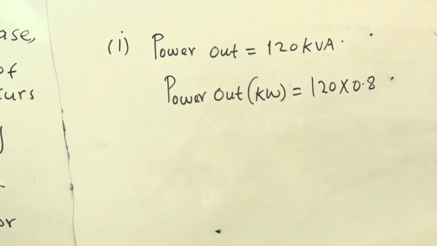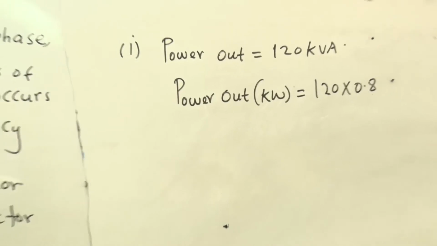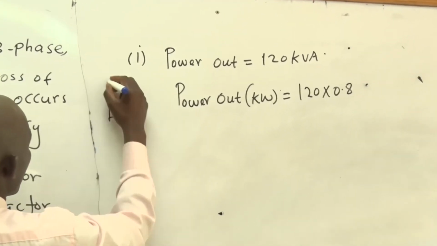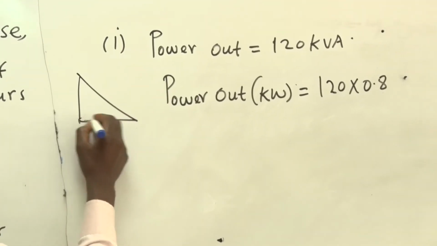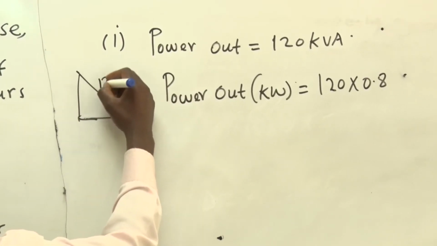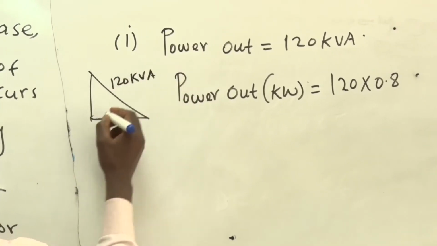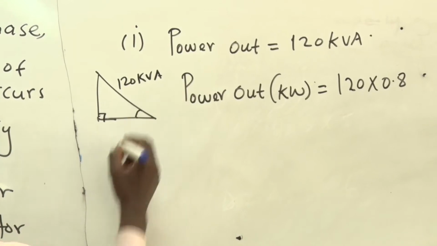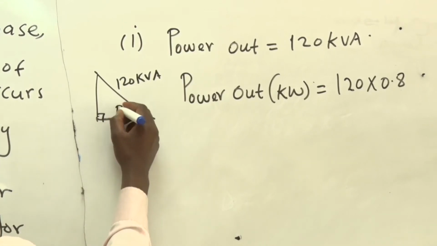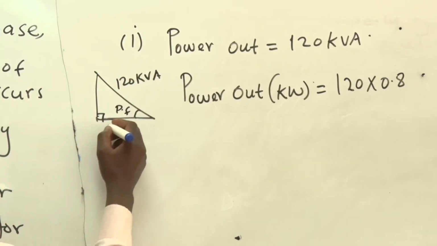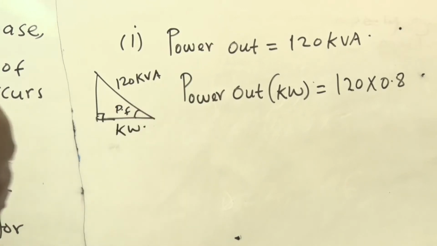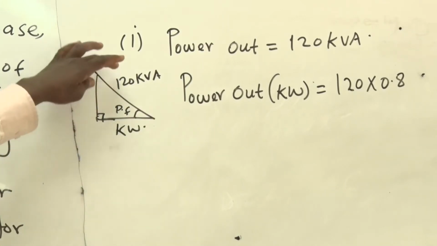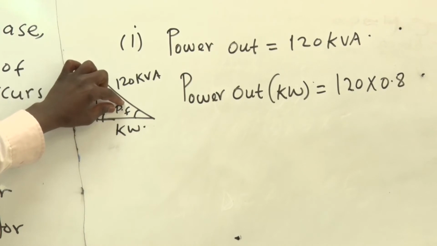Remember, from the power triangle, we know the real power, which is measured in kilowatts, is on the base of the triangle. So you need to use the cosine, because if this is your triangle, then we have been given 120 kVA as that one, and we have been given this angle, which represents the power factor. Then for you to get the kilowatts here, you'll have to take this one multiplied by the cosine of this angle.